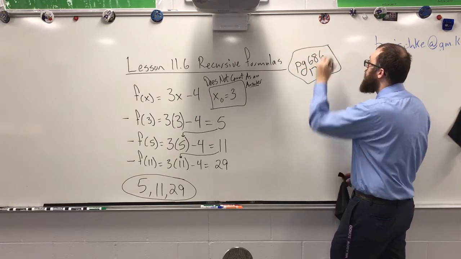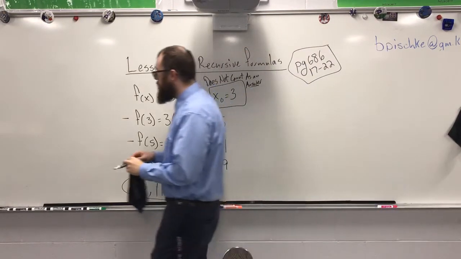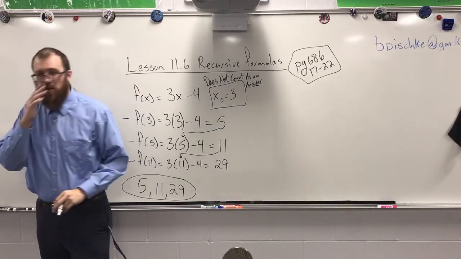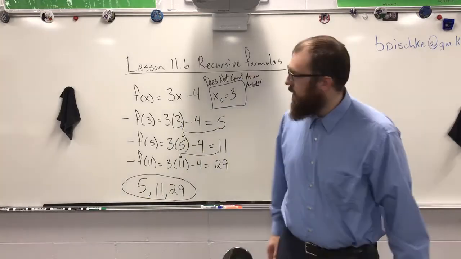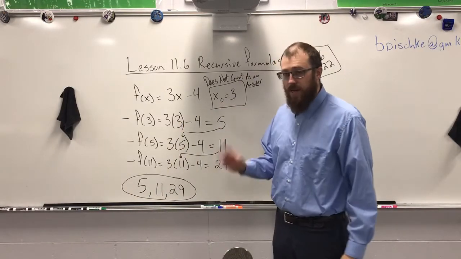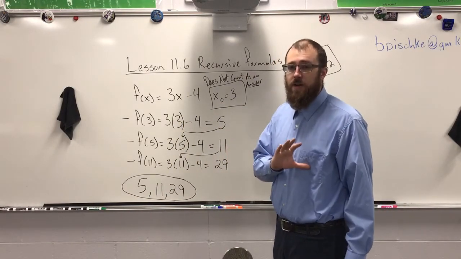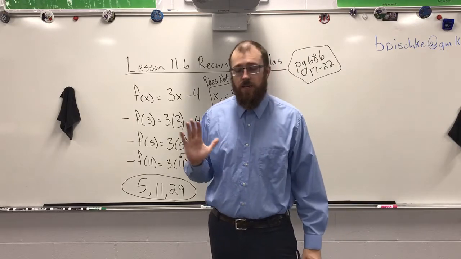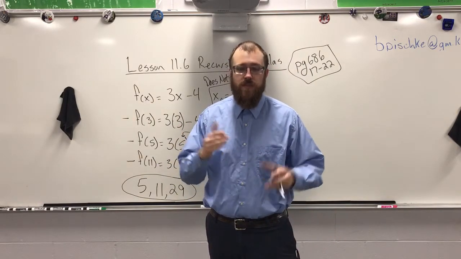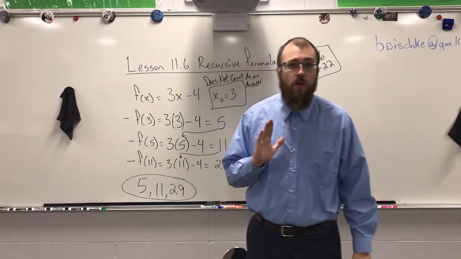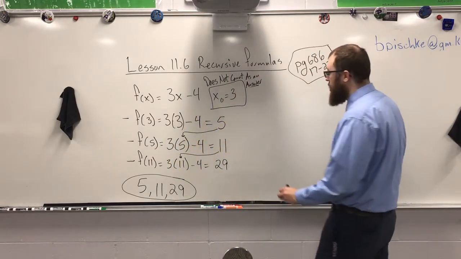Please do not focus on the problems prior to 17 or the problems after 22. They are all things like Fibonacci sequence, which we're not going to worry about. I showed you an example of how they kind of work, but I don't want you digging in and stressing out over how to actually work through them.